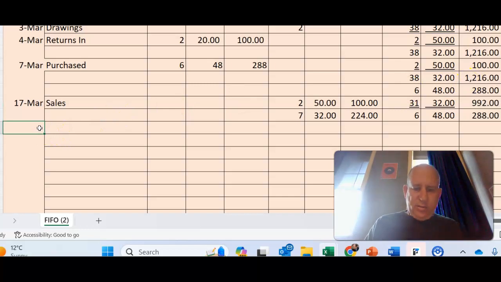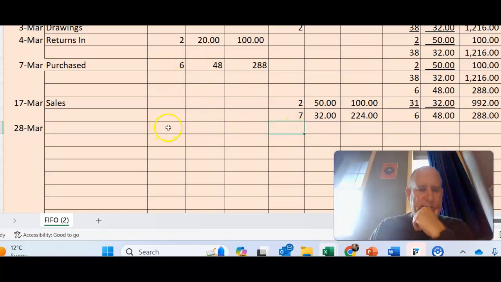On the 28th, there was error correction. 4 of the KR8s were included in the purchase on the 7th. So see this purchase on the 7th, 4 of those shouldn't have been in here, they should have been somewhere else. So we're going to take them out.